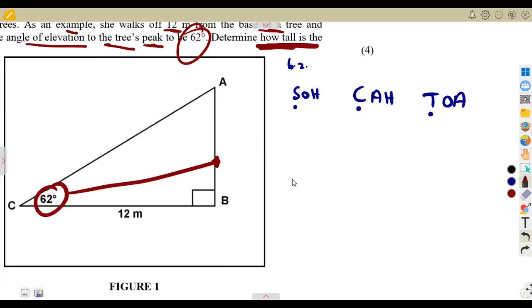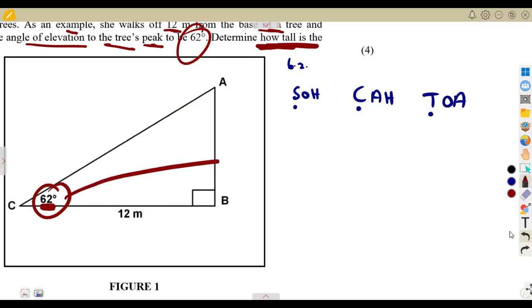What is the side AB representing? Side AB is the opposite according to the angle given. If the angle was here, you work with the angle that is at this point. So working with 62 degrees, the side that you're focusing with, AB, this one, is the opposite.